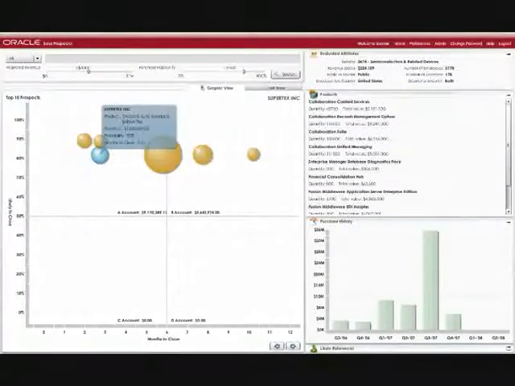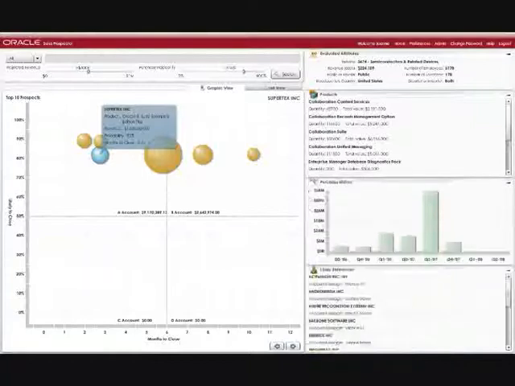I can then drill down and see down here who are my likely references for that particular product. So I've got a 1.6 million revenue Oracle BI suite opportunity. These are my references for that opportunity and who the account manager is.